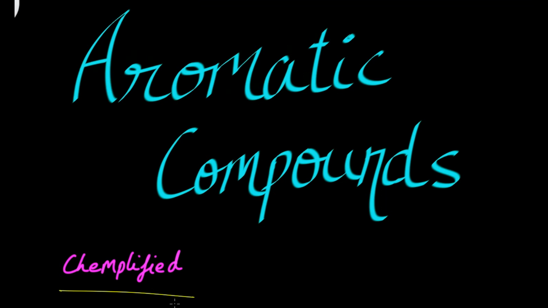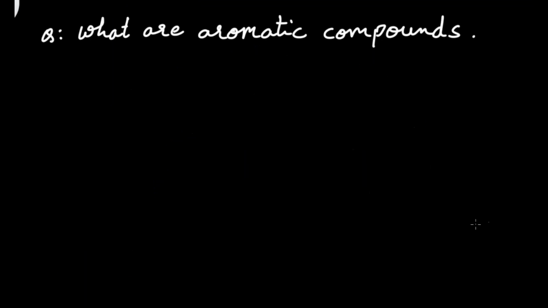In this video, we will not start with the definition of aromatic compounds. We will start with the question: what are aromatic compounds, right? Now, in various books, you will find different kinds of definitions, out of which I will read out one. Aromatic compounds are organic compounds also known as mono and polycyclic aromatic hydrocarbons.